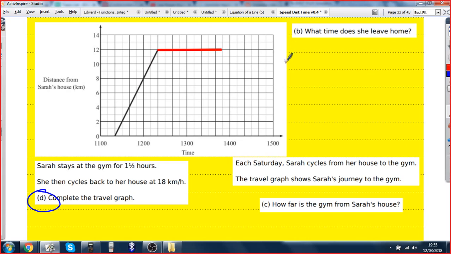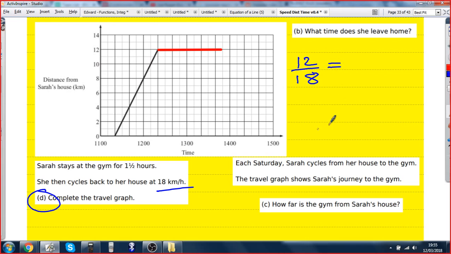No. You're trying to find time, the time she gets home. Or the time it would take her to get home. They give you her speed. What else would you need? Distance. Mm-hmm. So 12. Yep. So 12 divided by 18. Yep.